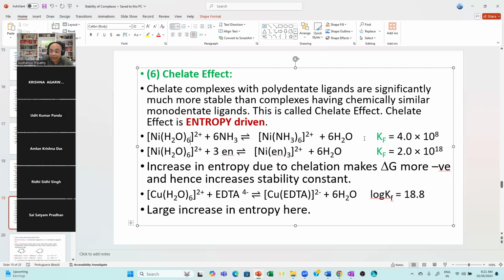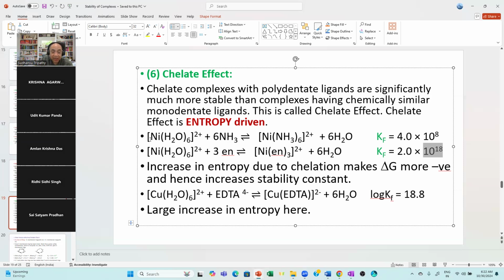So if you find Kf is 10 to the power 8, but with the same nitrogen donor and same coordination number, tris-ethylenediamine nickel(II) has such a high constant, greater than 10 to the power 10. Why? The entropy factor, because in the examination you are asked which factor is responsible, since these are thermodynamic stabilities, delta G. The enthalpy change in both reactions is more or less the same, but the entropy change is significantly higher.